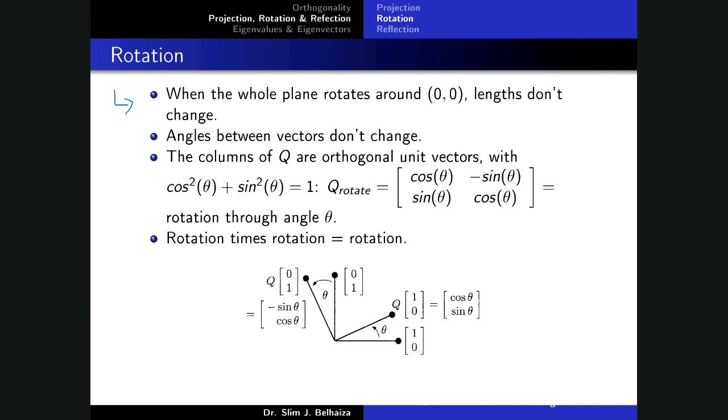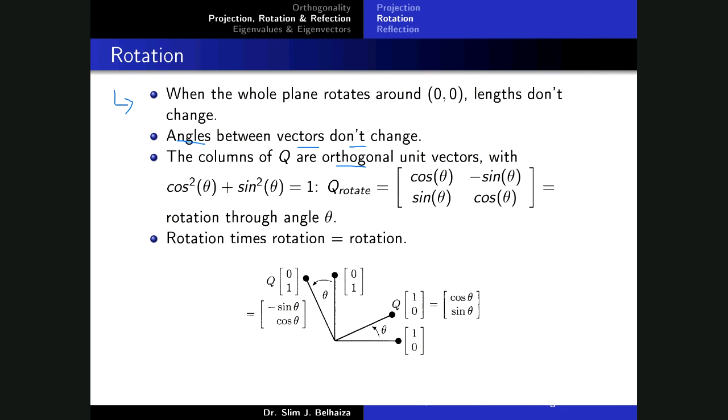The angles between vectors shouldn't change either. So if you consider the columns of Q rotate, defined this way, it satisfies the orthogonality condition, and they're given by cosine theta, sine theta and minus sine theta, cosine theta.